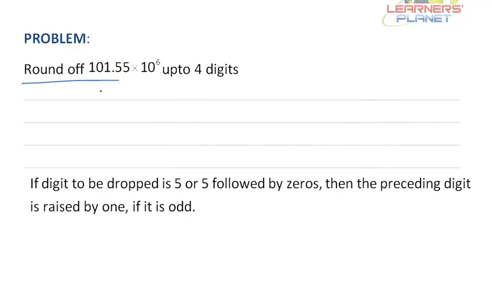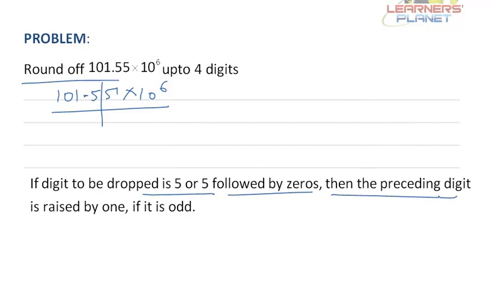Next problem, round off 101.55 into 10 to the power 6 up to 4 digits. Now the number of significant digits here are 1, 2, 3, 4 and 5. Okay, and now you have to cut off here. The rule says that if the digit to be dropped is 5, which is only 5 or followed by zeros, then the preceding digit is raised by 1 only if it is odd.